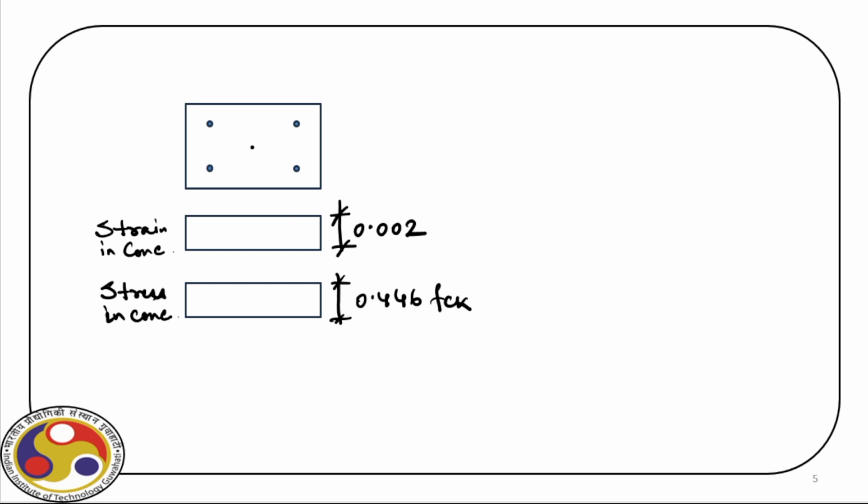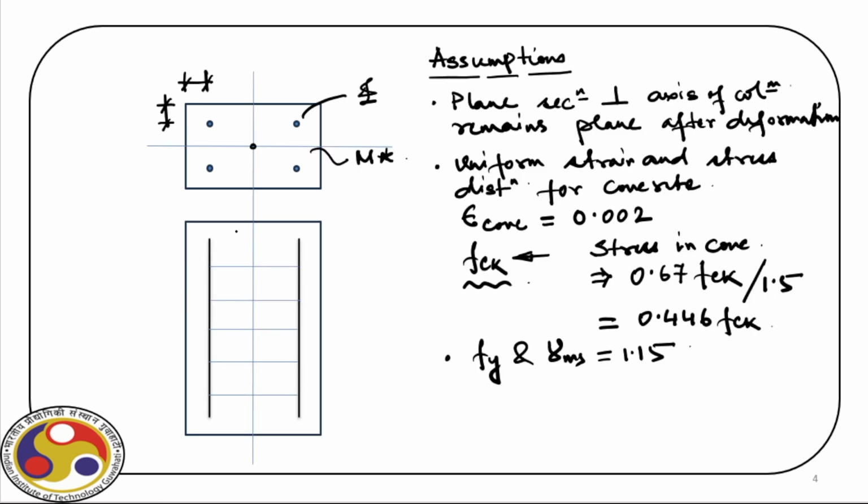Now, once we design a column, the side view of the column, as you can see, it has a length which is shown here. Now, as per IS 456, we can find out the L effective.